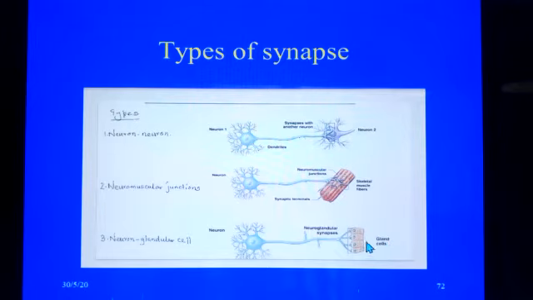So in between here, there is a junction. That junction is the one that is referred to as a neural junction or a synapse. So in this case, it is a synapse between a neuron and a gland. And remember again, this neuron is a motor neuron.